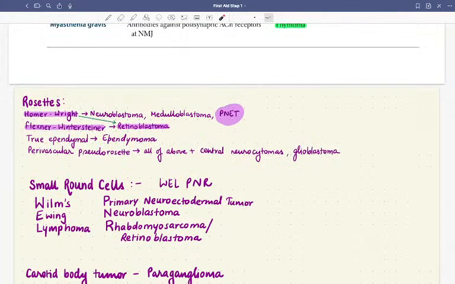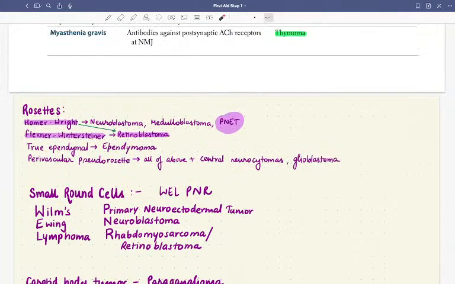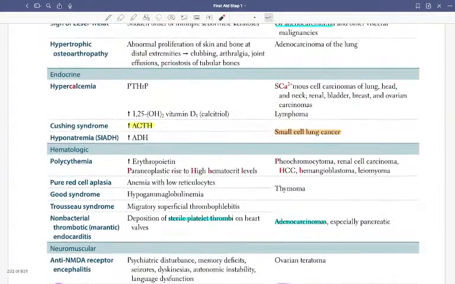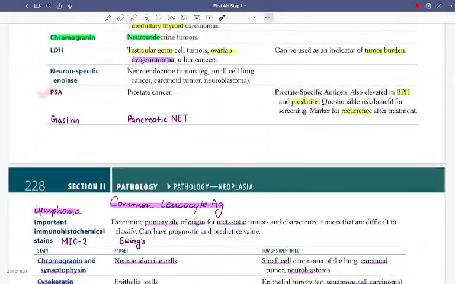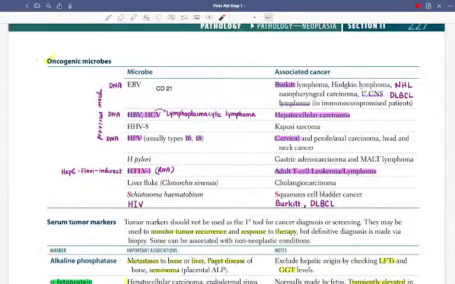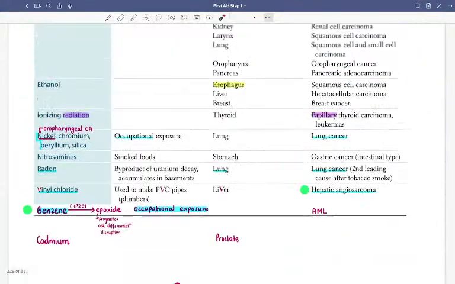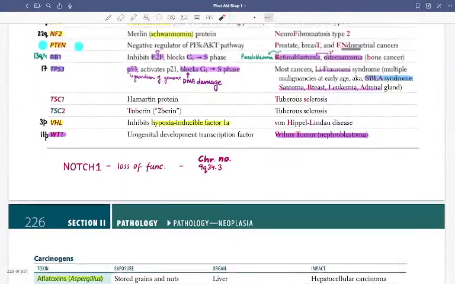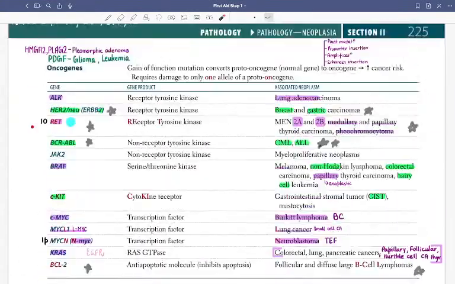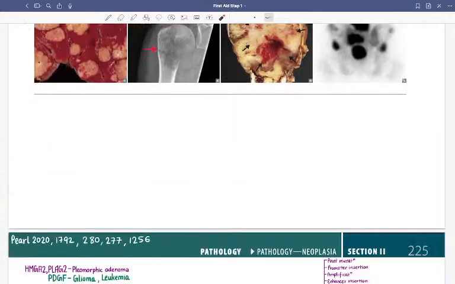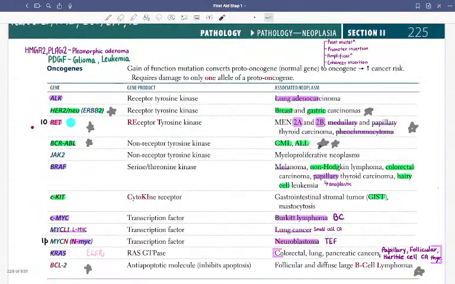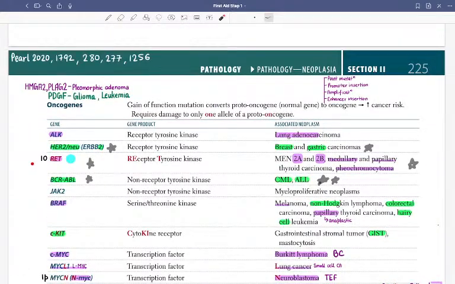Very important. These 5 pages you need to revise in the last few days, even on the last day itself, on the way in the car. Revise the genes.